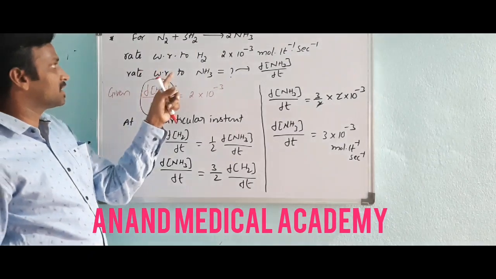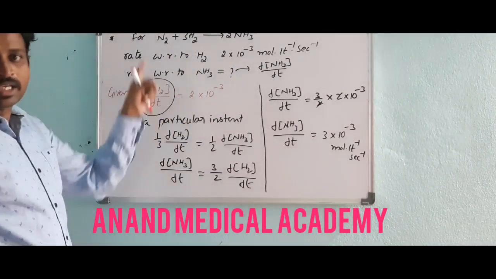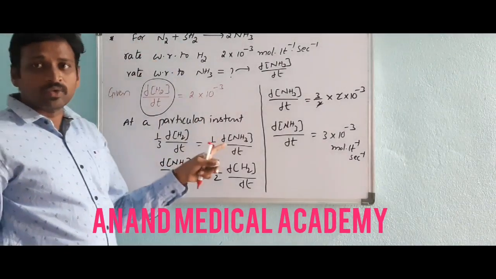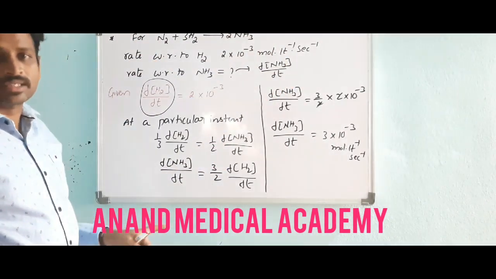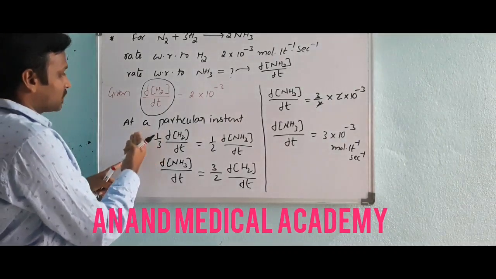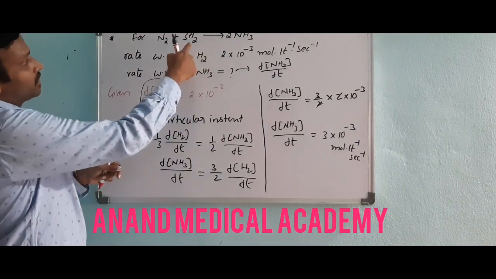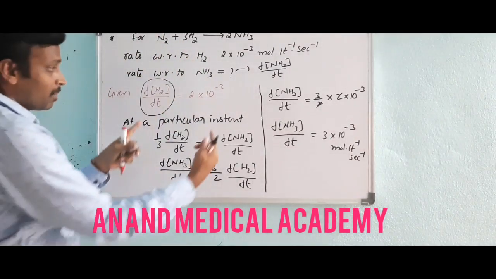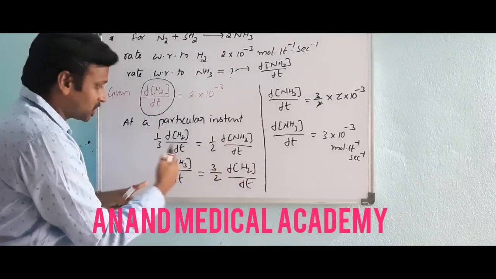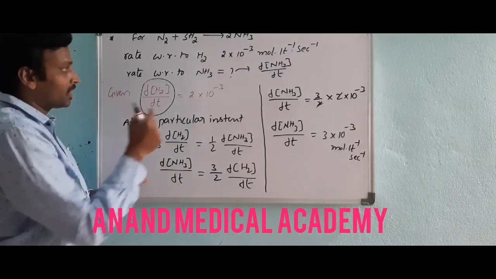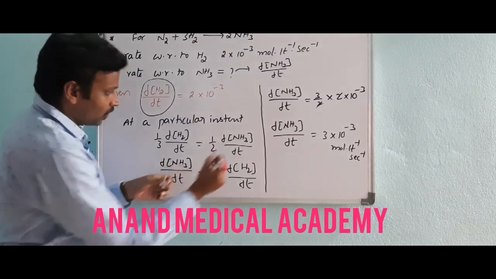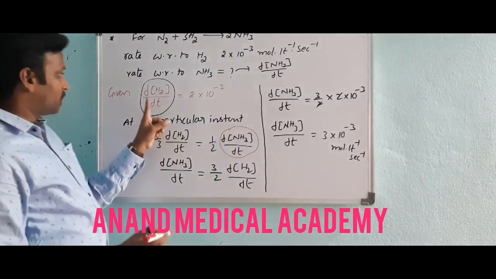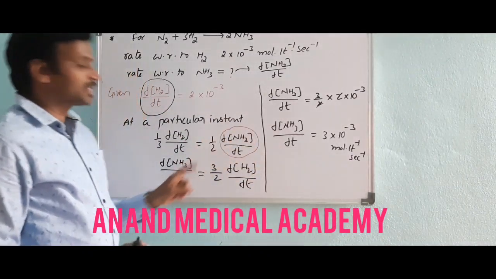So first you must understand what rate is, what the rate of reaction is, how we represent rate of reaction with respect to reactants, and how we represent it for products. And here in one numerical, rate with respect to H2 is given, so don't consider the number of moles. Rate means don't consider the number of moles, but when you are taking the relation you must take them. Rate with respect to ammonia means only this term is asked.